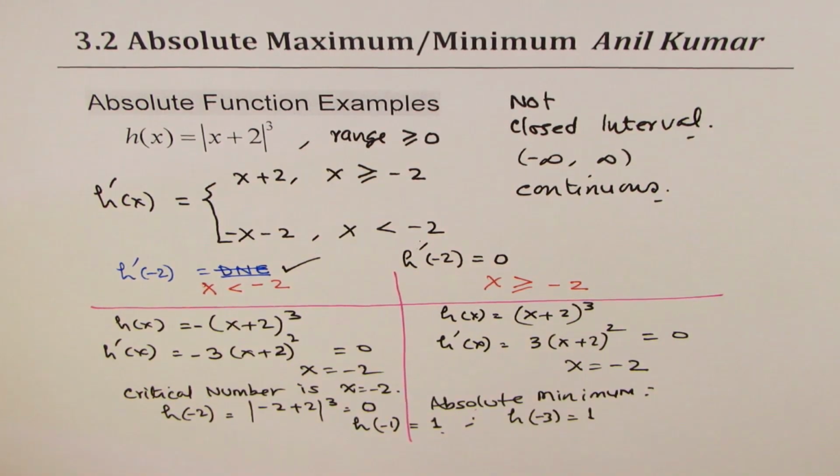I hope this helps you to understand the basic concept: that if we have a restricted domain and if the function is continuous, in that case, we will have an absolute maximum and absolute minimum at either the ends or at a point in between where the function is not differentiable or the derivative does not exist, or where the derivative is 0. So with that, we conclude this set of videos.